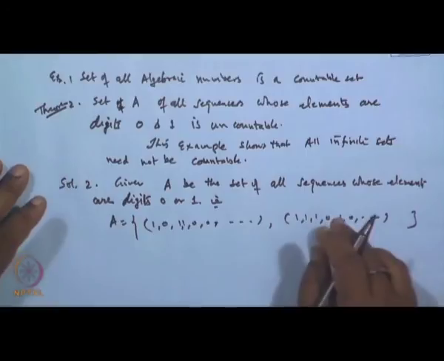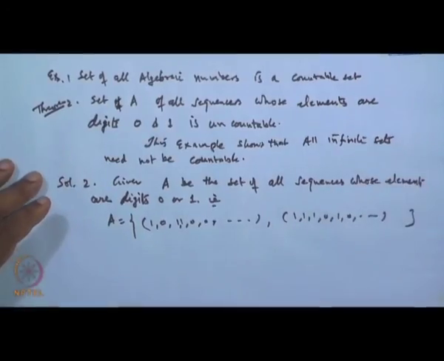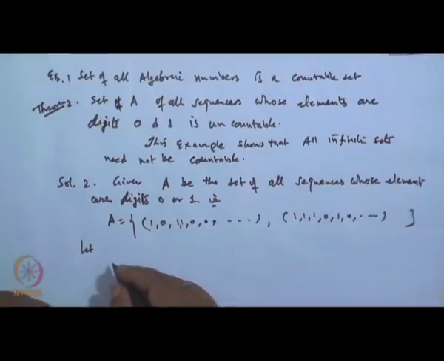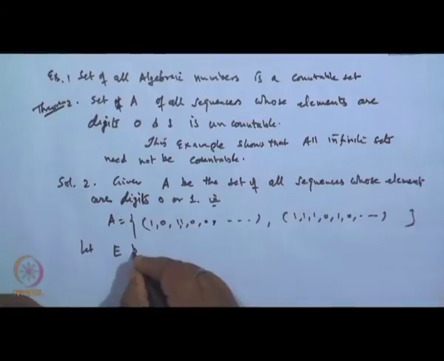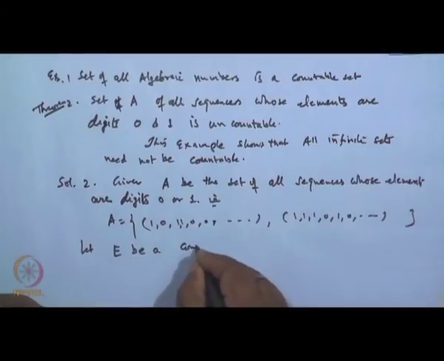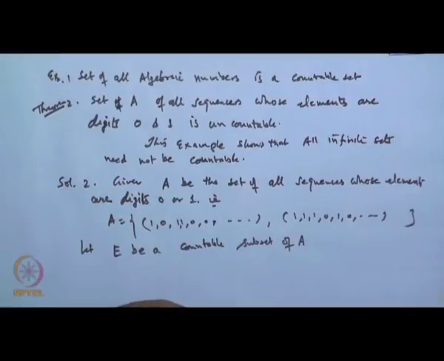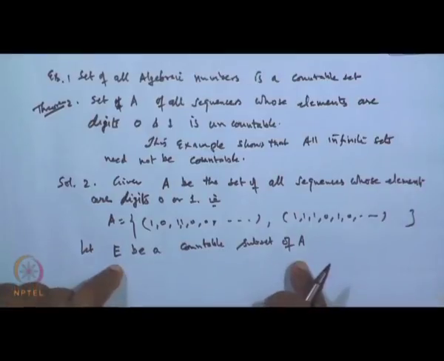Proof: let E be a countable subset of A. It means the elements of E can be arranged in the form of a sequence.